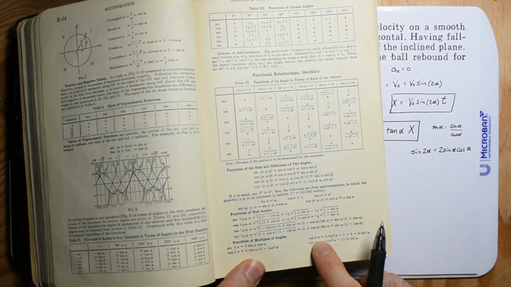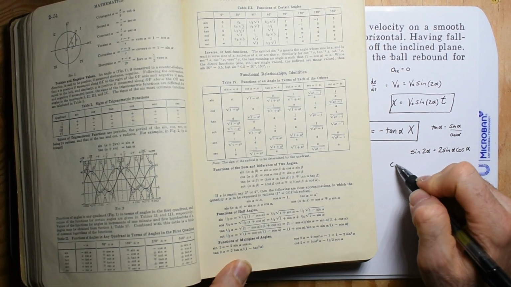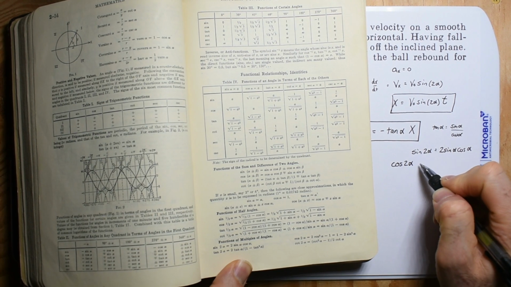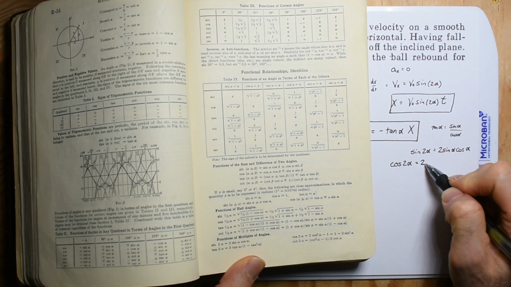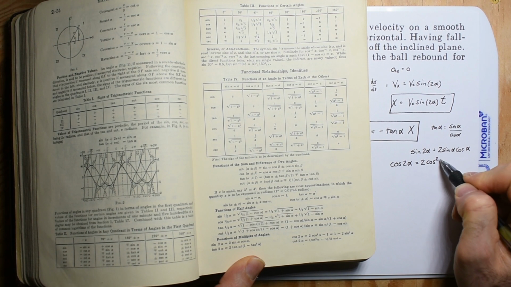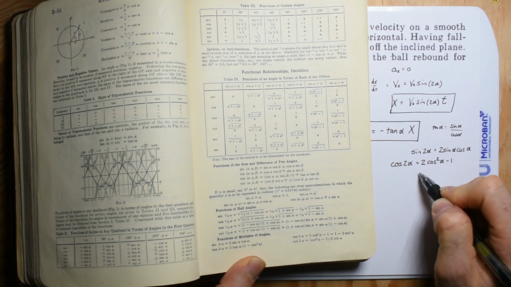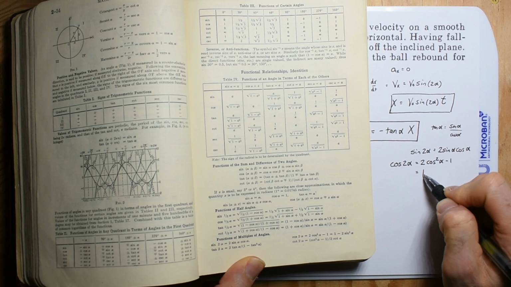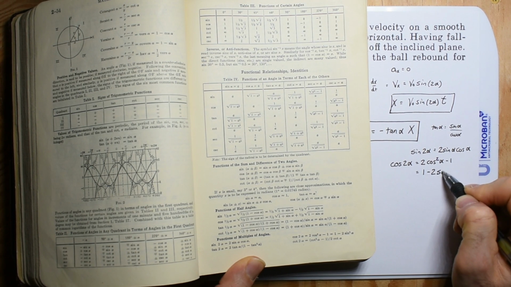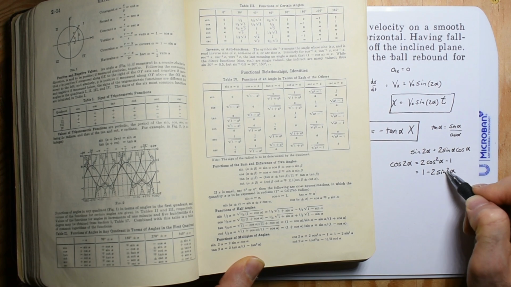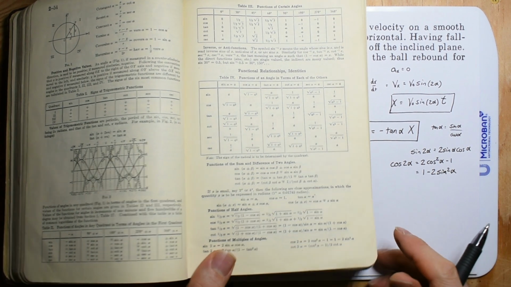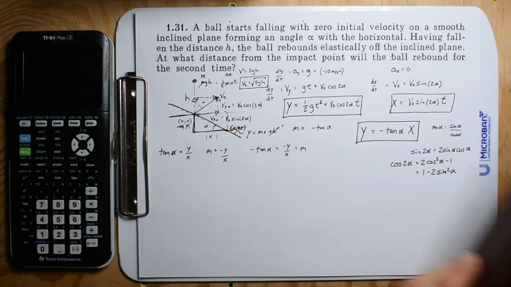And then cosine 2 alpha is equal to a couple of things. It's equal to 2 cosine squared alpha minus 1, or it's equal to 1 minus 2 sine squared alpha. Cool, that'll definitely come in handy.